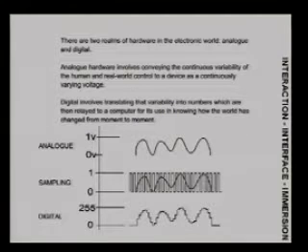But just as a sidebar, to point out the difference between analogue and digital, this waveform here is a continuous waveform, an analogue waveform. And as I say, analogue signals involve conveying the continuous variability of the real world, of the human world, to a device as a continuously varying voltage. Then if we sample that voltage at some clock rate, we can turn that voltage into a series of numbers.